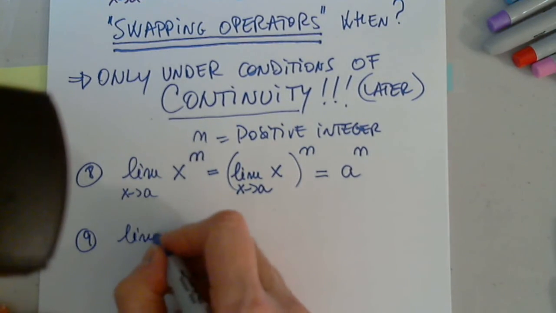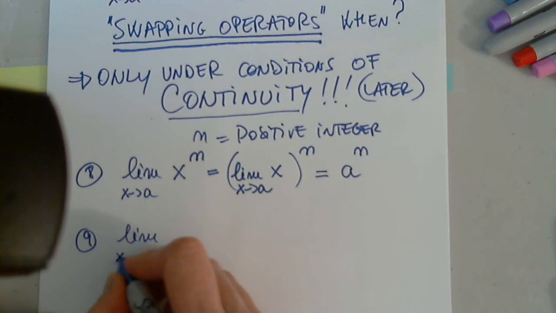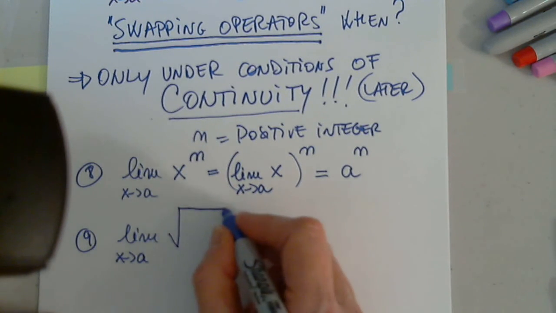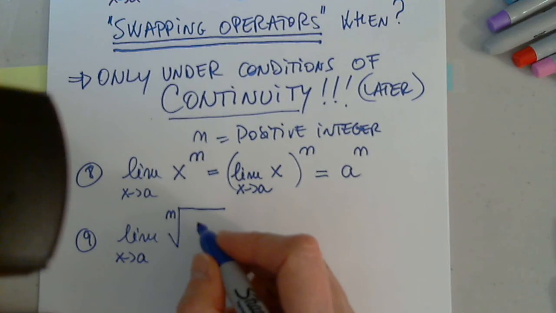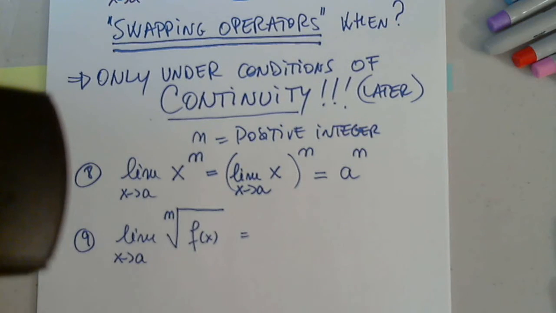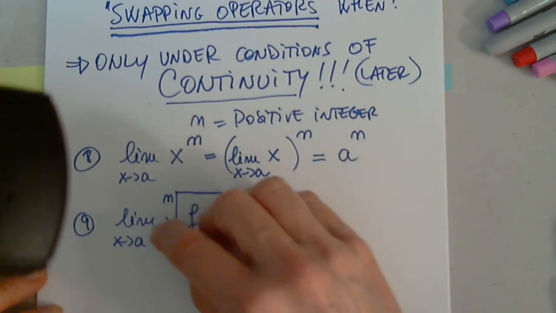Number 9. Okay, we have limit as x approaches a from, of course, the nth root. We can make it first of f of x and then n root of x. Okay, so can anyone tell us what we should write? Again, this is an operator.